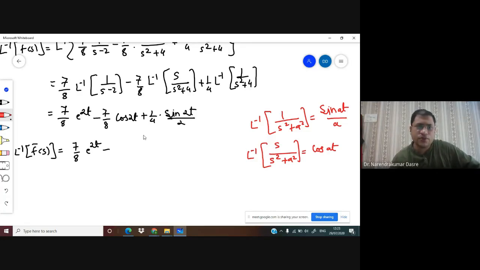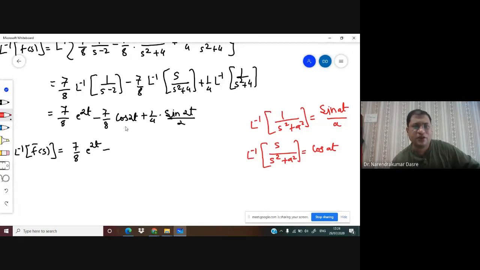That's how we don't have s in the denominator for the cosine term, because if you take s here, this is the time expression, and you will be mixing time and frequency. Frequency will remain only here, and when you take the inverse, you will have only time, not time and frequency together.